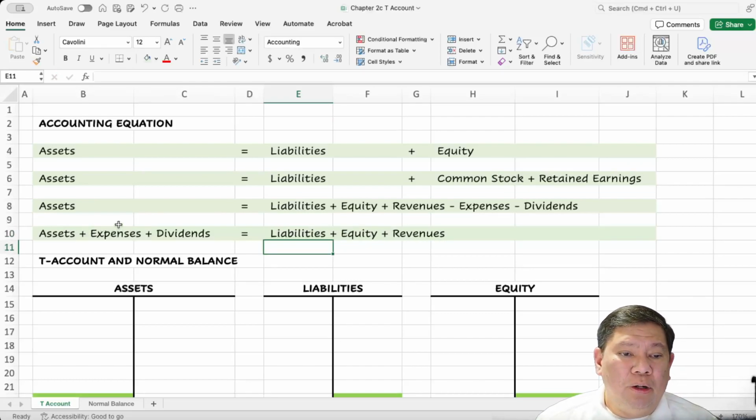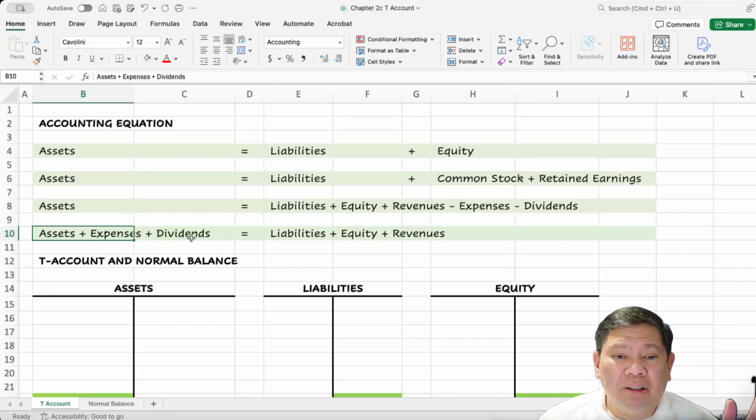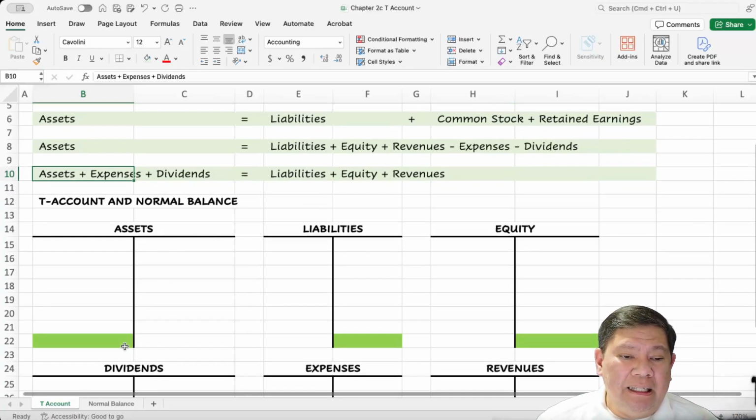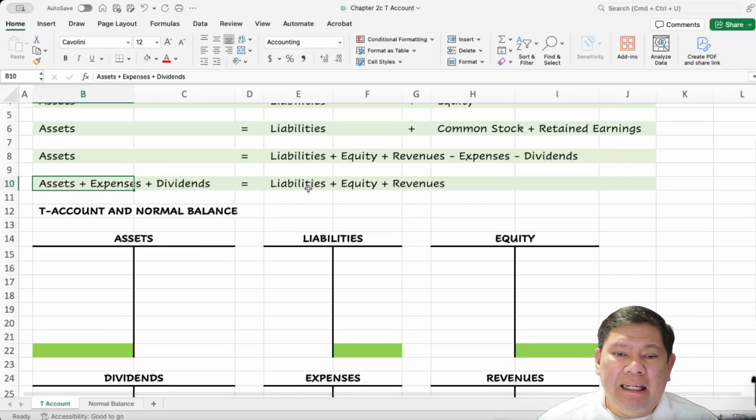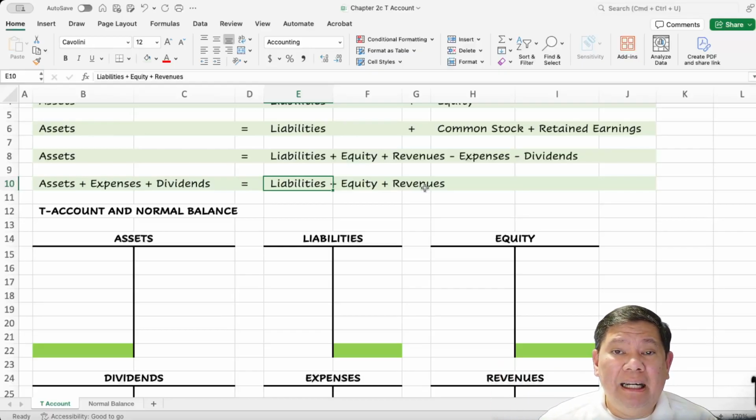Okay, so these three groups, assets, expenses, and dividends, are on the left side of the equation, so they have a debit or left-hand side normal balance. And these three, liabilities, equity, and revenues, because they're on the right-hand side of the equation, have a credit or right-hand side normal balance.